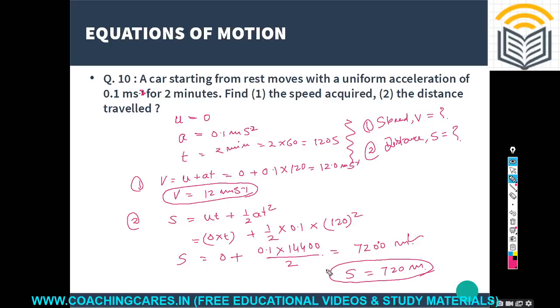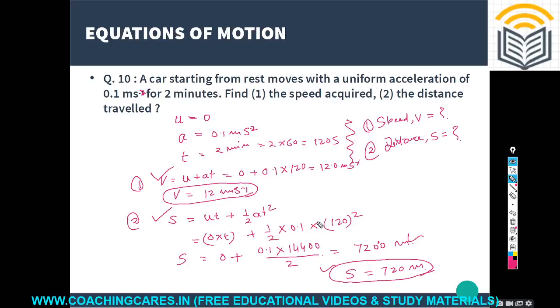So finally we got this by using equation of motion number 2, and we calculated V, which is the speed acquired after the acceleration for 2 minutes. This is 12 meter per second. So like this we can solve the problem.